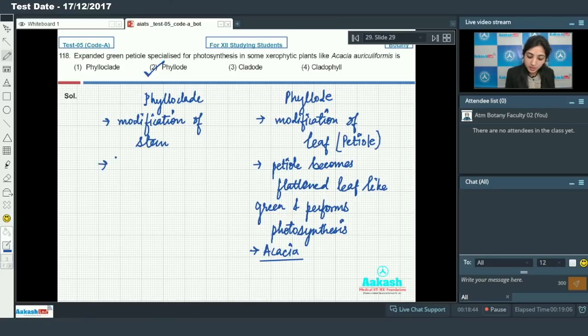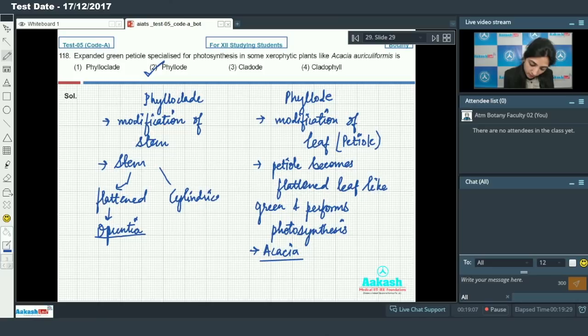Now on the contrary, the stem of phylloclade becomes flattened in opuntia and cylindrical in case of euphorbia. Okay, so they become flattened or cylindrical leaf-like structures and perform photosynthesis.